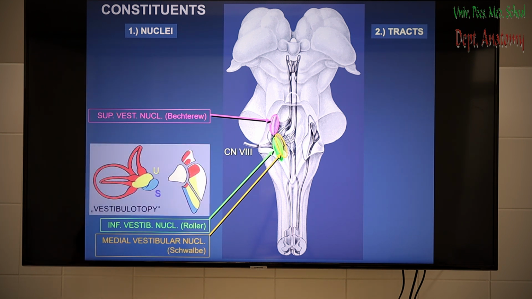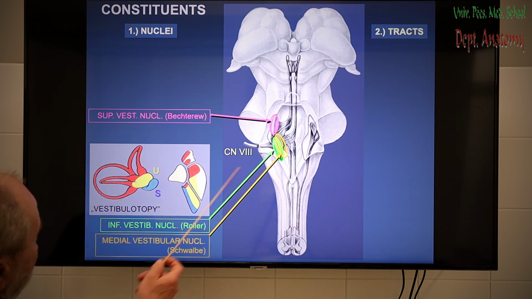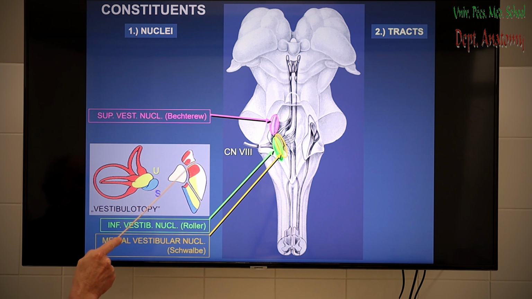There is a topographic representation of different receptors or different receptor organs within these nuclei. As you can see in a schematic drawing, superior, medial, inferior vestibular nuclei, these are the only ones in which afferents from the inner ear terminate.